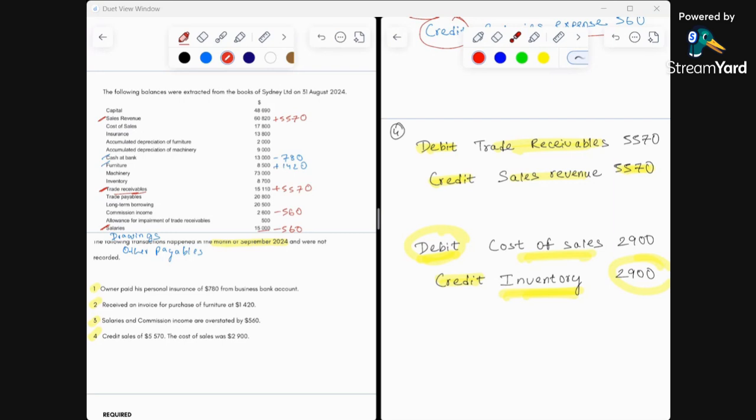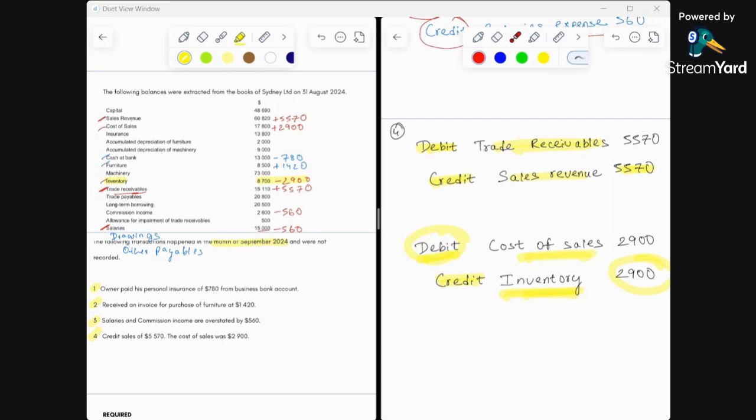Next, for the cost of sales, which is an expense account that increased by 2,900, I'll add 2,900 to the original balance of 17,800. And the inventory account, which we credited, means the asset account is decreasing by 2,900. We will subtract 2,900 from the original balance of 8,700.